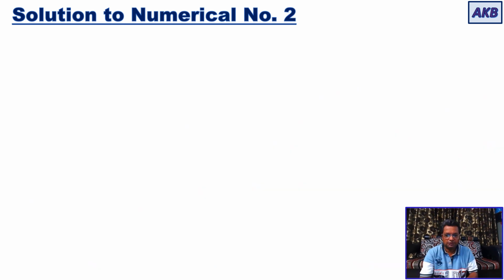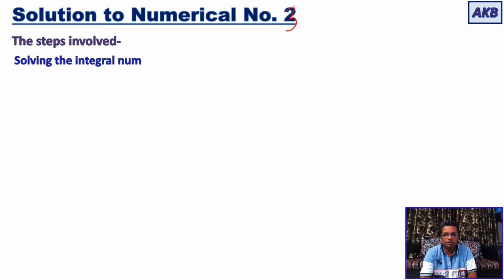Okay, so after understanding the method, now let us note down first what are the steps involved in the solution. The first step is we will be solving the integral numerically, and we are going to use trapezoidal rule for that.